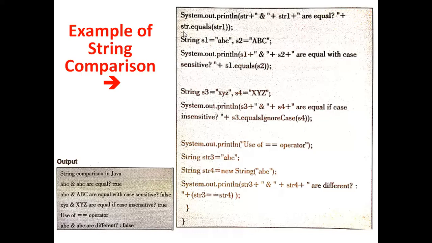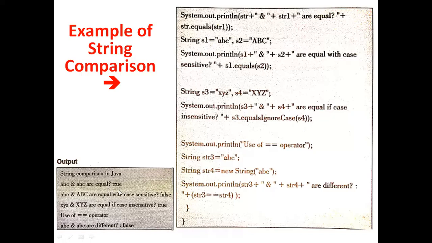Therefore, I have called that function with the string, that is str.equals(str1). In this line, the comparison between str and str1 will be performed, and if both the strings are the same, the output will be true, or if both the strings are different, the output will be false.